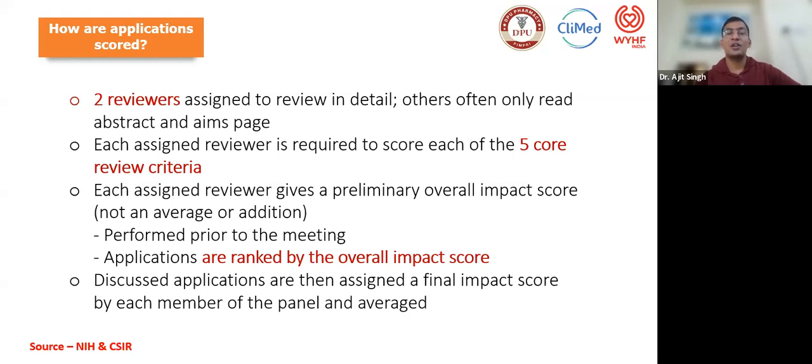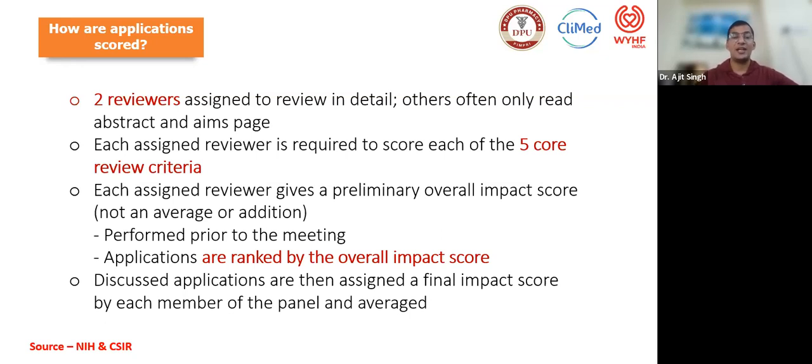Like how significant is your research proposal, the quality of the principal investigator and the investigators, the team, the quality of innovation. Everything will be reviewed under these 5 core review criteria. They will give the scores, and each assigned reviewer gives a preliminary overall impact score, not the average. For all 5, they give separate scores.